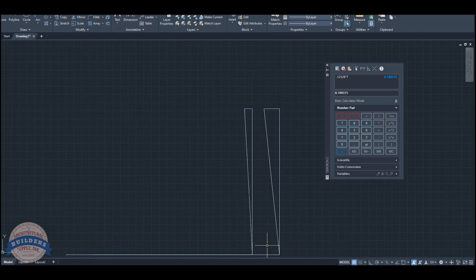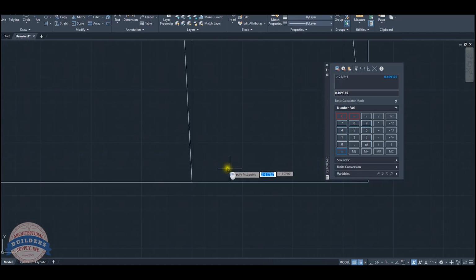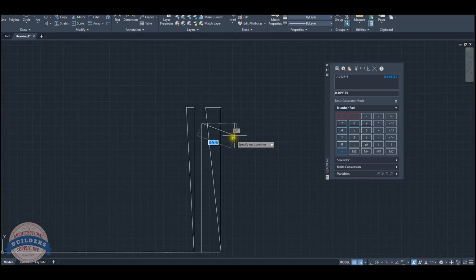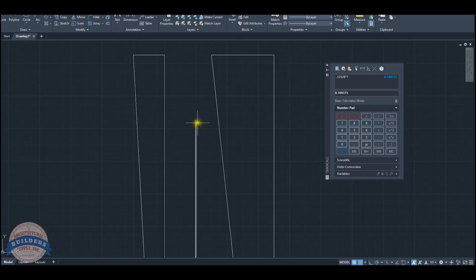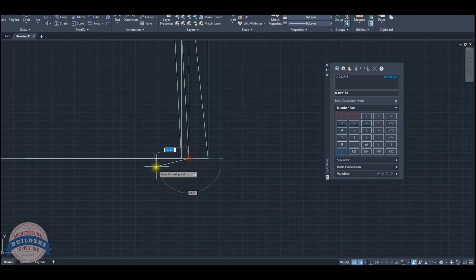Okay, let's do this. Let's draw a line from the base. Let's go up 2 inch. Let's draw another line. I should have just kept that line going. Let's go over 1/8, 0.125, and then come back down to its origin.